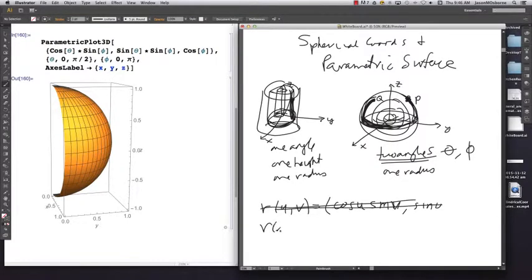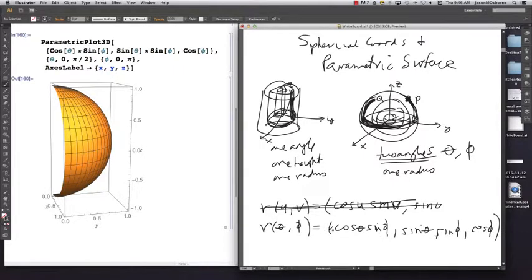So there are two variables, r of theta and phi. Here are two variables, and you have cosine of theta sine of phi, sine of theta sine of phi, and then the third entry is just cosine of phi.